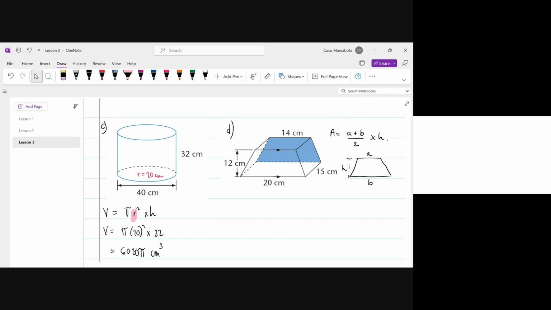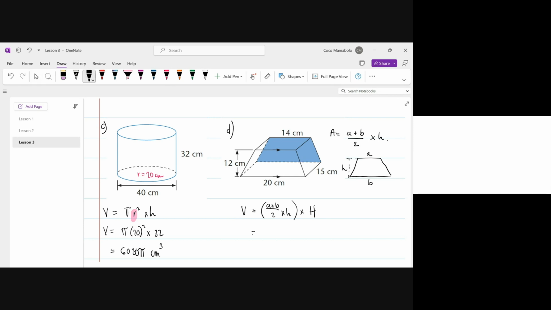All right. Okay. Let's look at the volume of our trapezoidal prism. Okay, so I know the volume is going to be the area of my trapezoid or my trapezium. So I'm going to have A plus B over 2 times the height of my trapezoid, multiplied by the height of the actual prism.